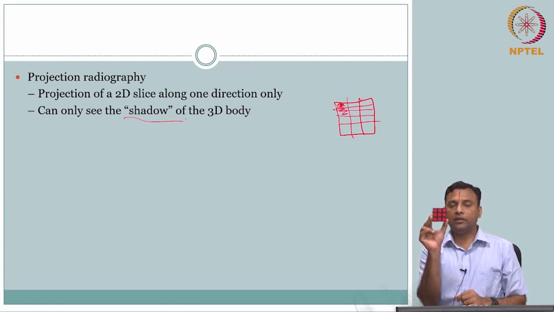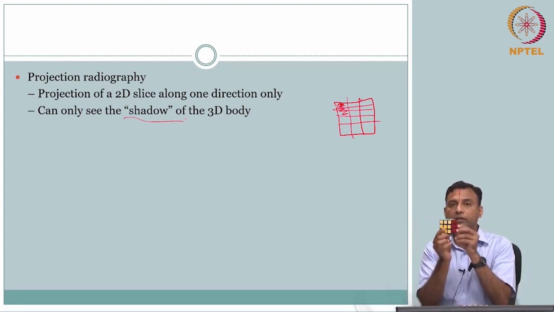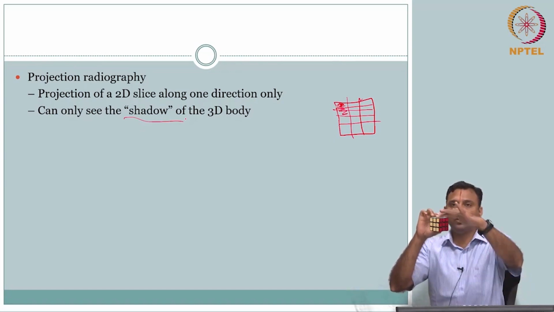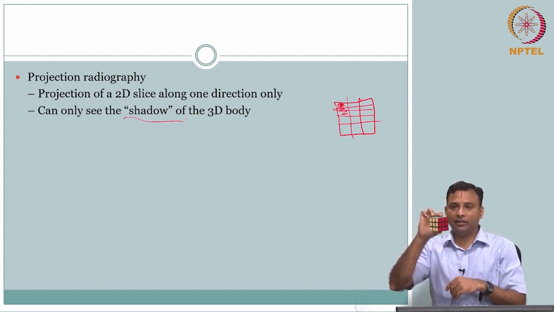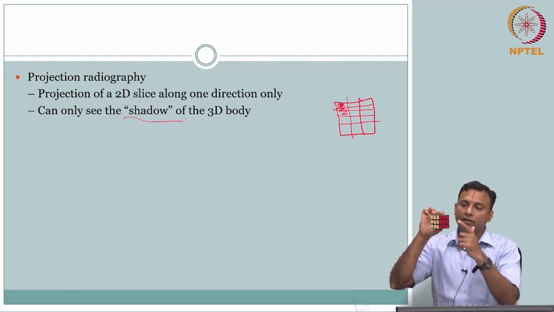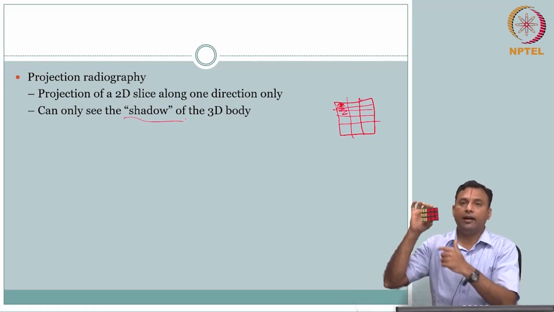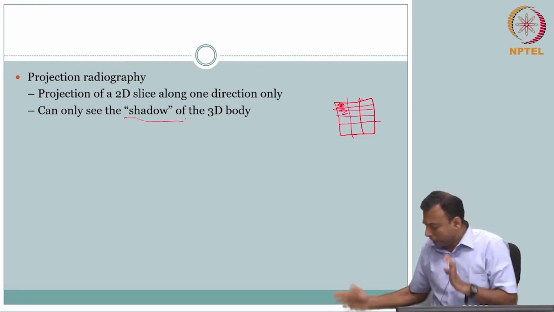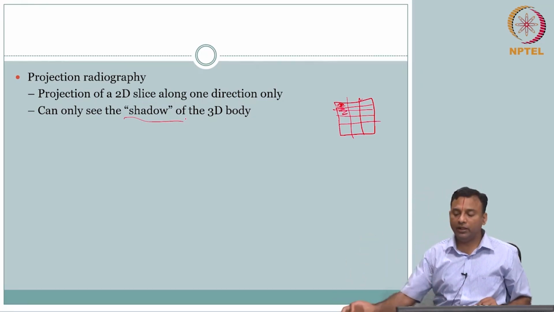But what happens if I tilt it slightly? If I tilted it like this, and I did a good job keeping it straight, then you will see two colors, red and yellow, but you will still see only a projection of this. You will not see the depth of it.